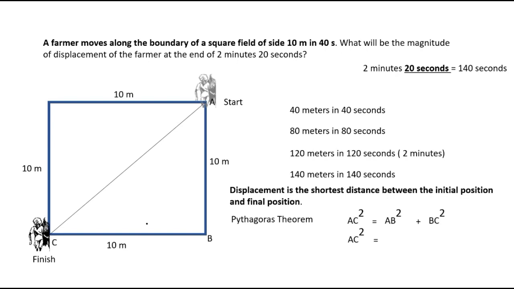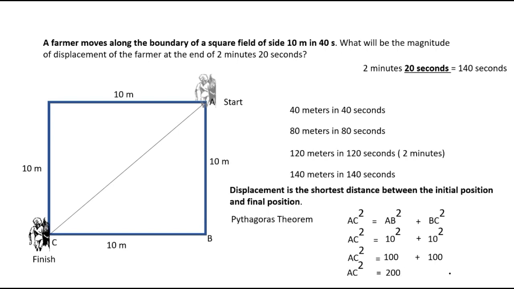Now substituting all the values, AB square is equal to 10 square, because AB equals 10, plus again 10 square. So AC square will become 10 square is 100, and again plus 100. So it becomes AC square is 200.